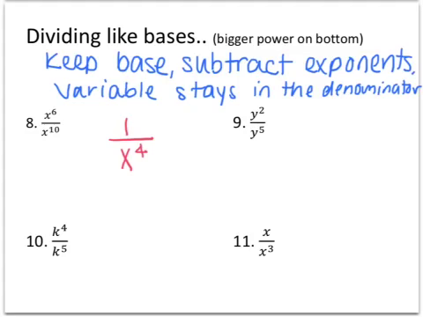So for number 9, your bigger exponent is in the denominator. That means that the variable is going to stay in the denominator. 5 minus 2 is 3. So y to the 3rd stays in the denominator because the bigger power is in the denominator. Can anybody do number 10 for me? Good.